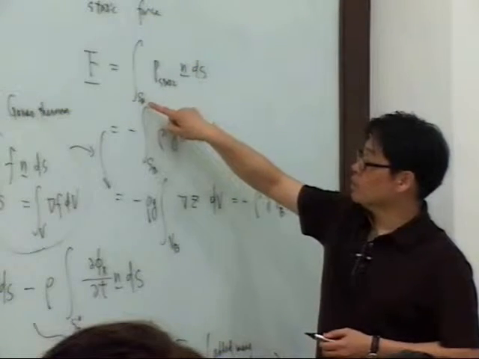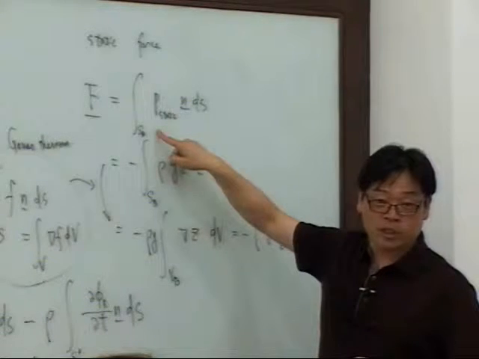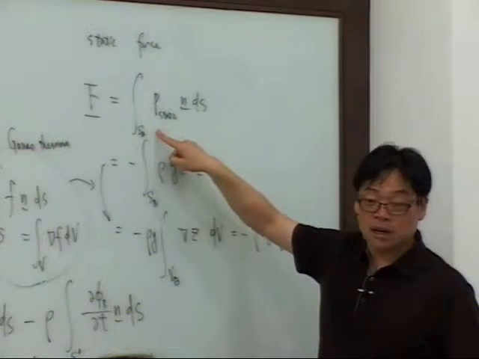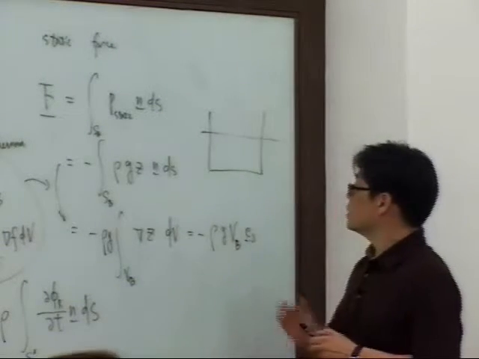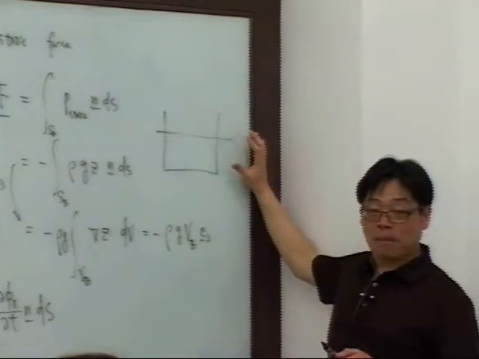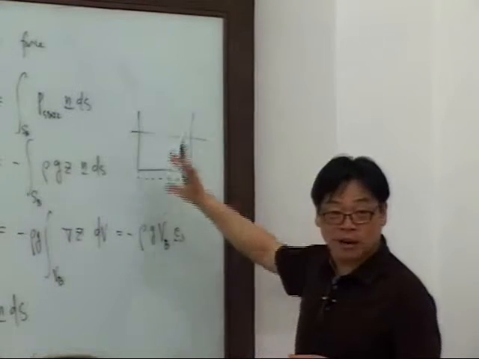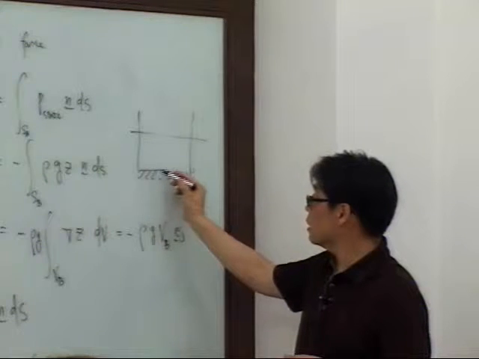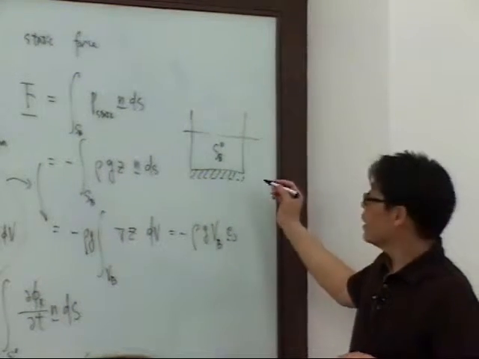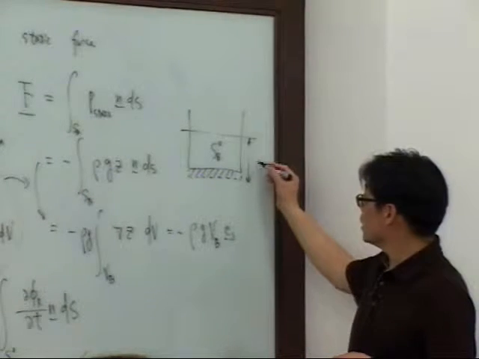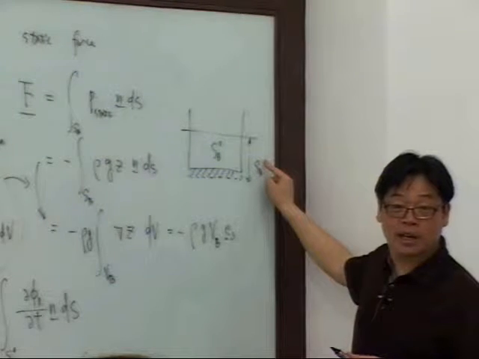So here we have not only an order 1 quantity, but also an order epsilon quantity as well. So just think about it. This is my mean position of my box, and this guy is moving, going up and down. So this part is S_B naught, and this whole thing is S_B without 0 here, okay?